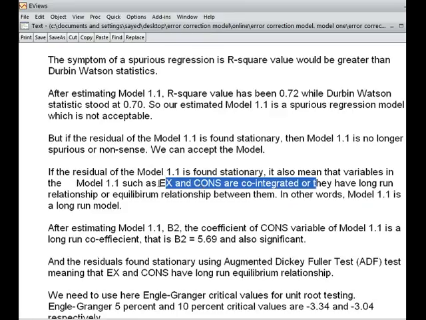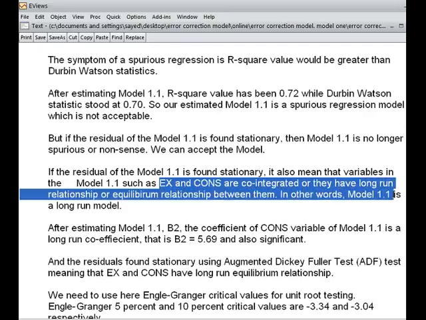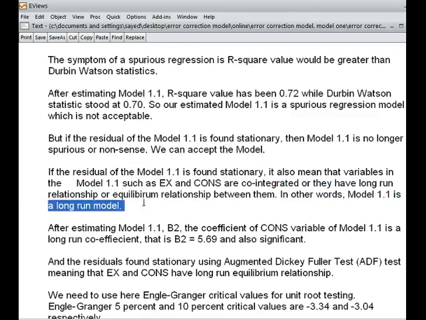Variables of model 1.1 are co-integrated, or they have long run relationship, or they have long run equilibrium relationship between them. So model 1.1 is a long run model in that case. So it is a long run model if the residual is stationary.